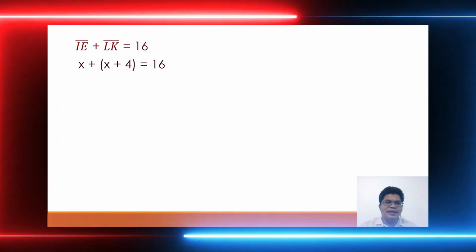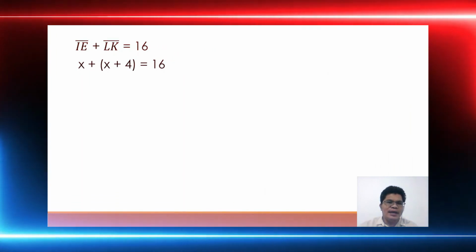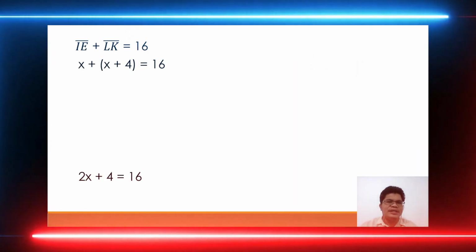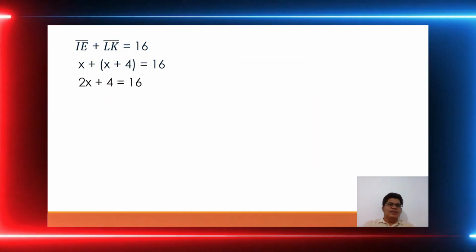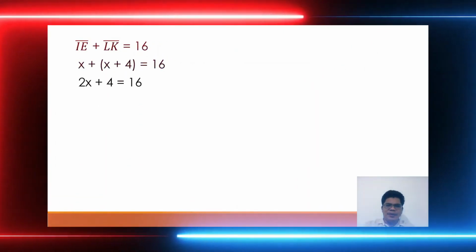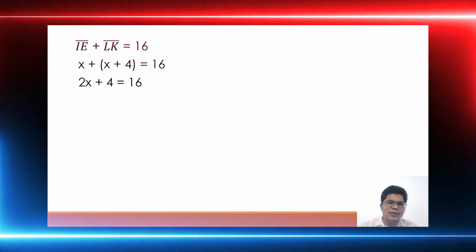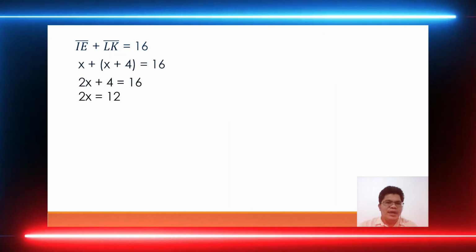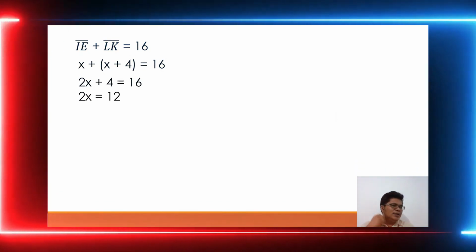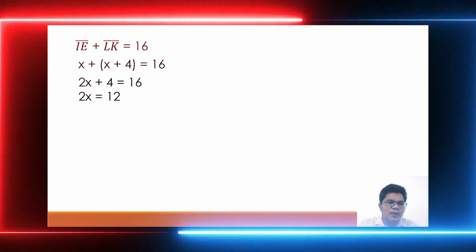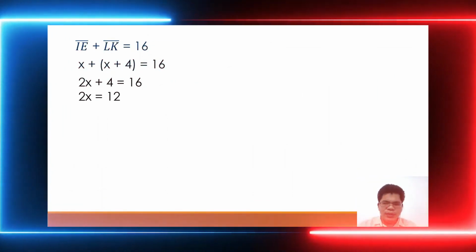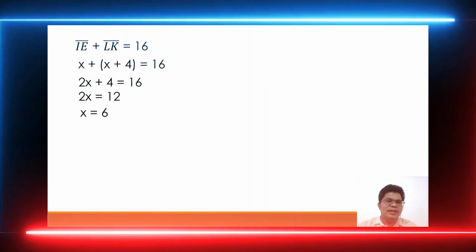And by combining like terms, it becomes 2x plus 4 equals 16. Then by addition property of equality, 2x equals 16 minus 4. And the value of 2x equals 12. Why? Because it becomes 16 minus 4. Divide both sides by 2, and the value of x now equals 6.